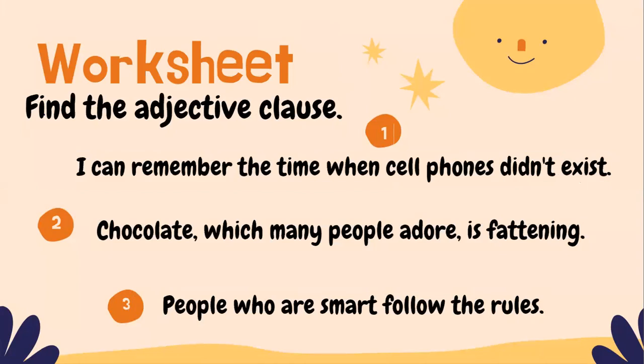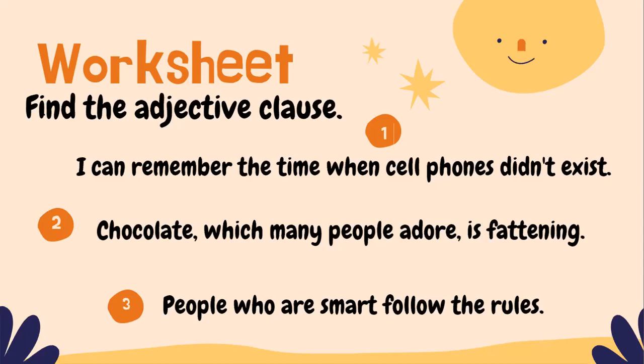Yes, when cell phones didn't exist, that's the adjective clause. In number 2, chocolate, which many people adore, is fattening. You're right, which many people adore.